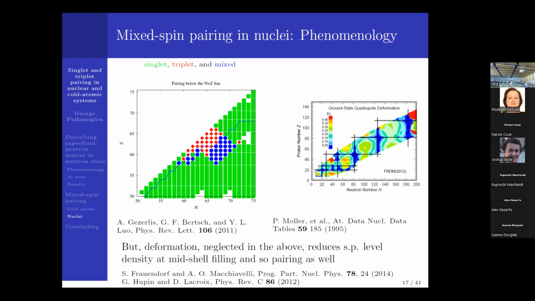Now, deformation is known to reduce pairing because it reduces the single particle level density at half filling. That's something we have known for a long time. However, we don't know what the competition is between triplet and singlet pairing in the presence of deformation. Which one of the two is suppressed more, and what does that mean for mixed spin pairing and spin triplet pairing, for example?